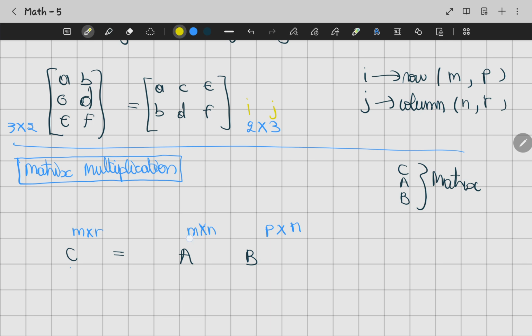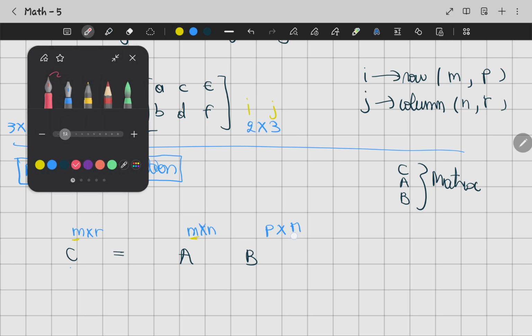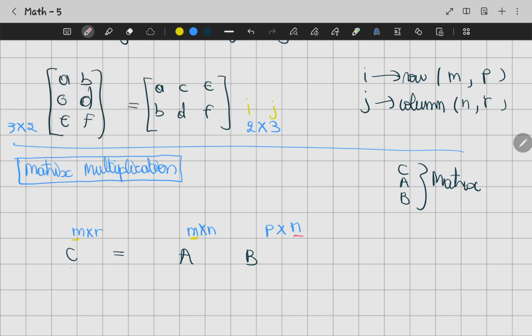So meaning the first one is what we're going to get on the size of the matrix. And the r that you see here is what we're going to get there. So this is r, so that's what we're going to get as size.